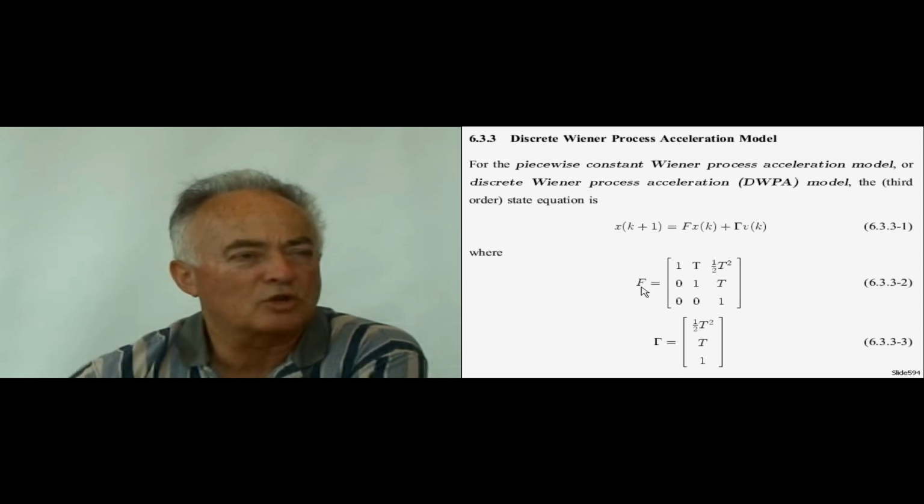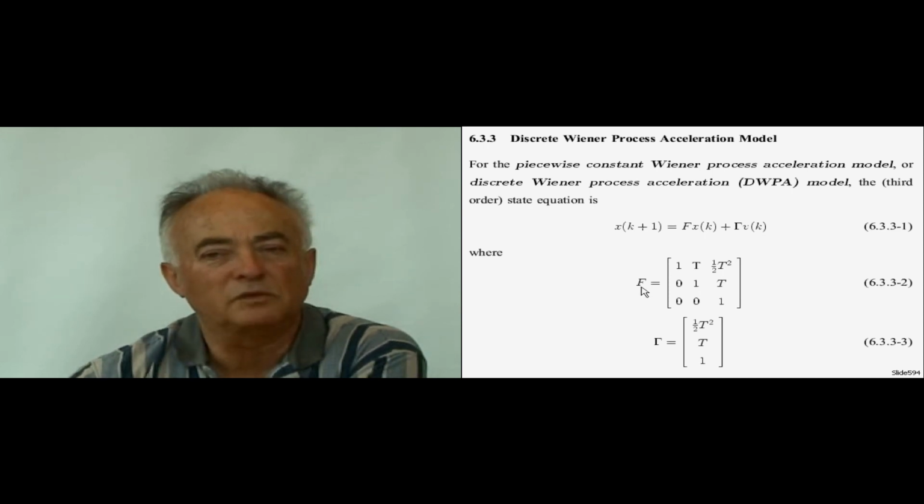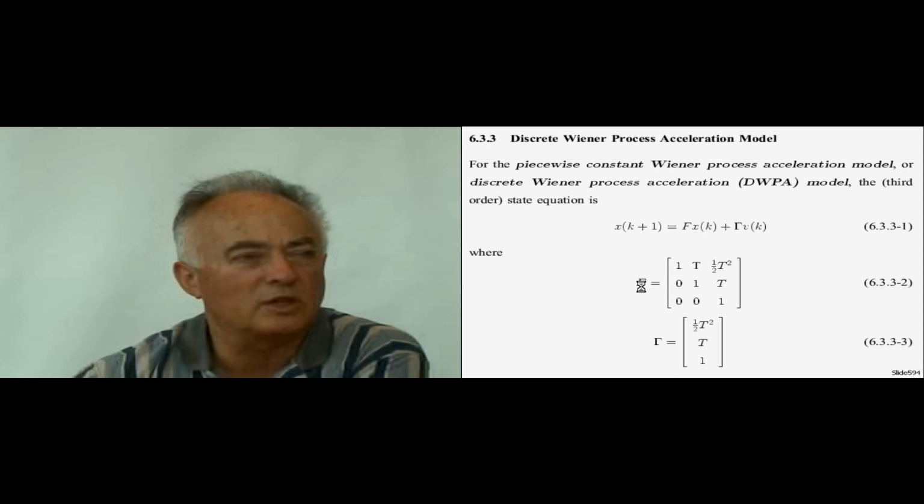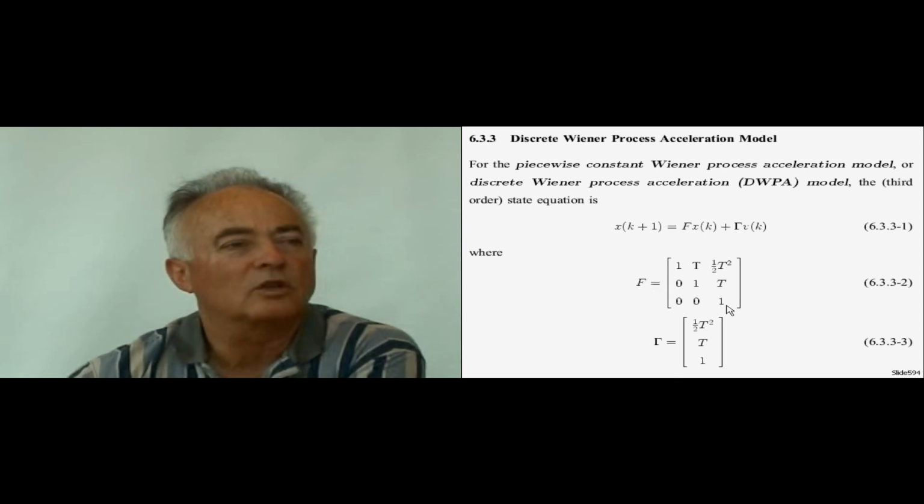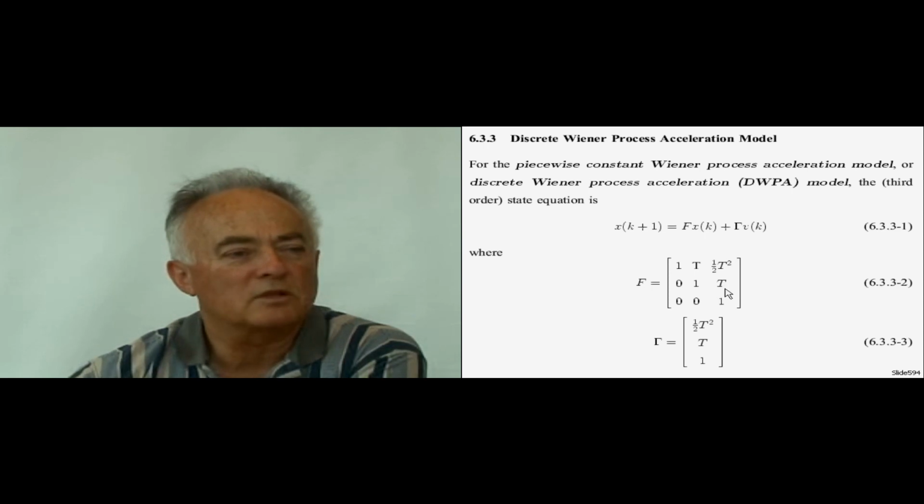The transition matrix of this system reflects the fact that it is a triple integrator, and gamma will multiply a process noise which is more conveniently defined as the increment in the acceleration.